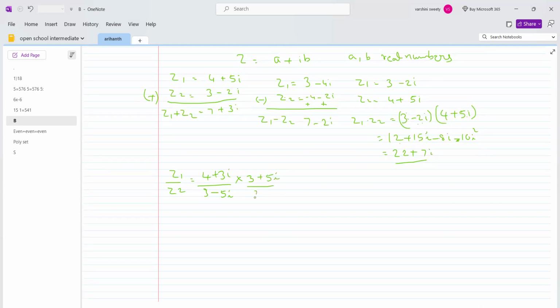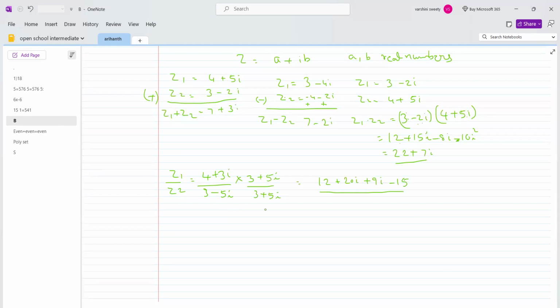Multiplying numerators, 4 into 3 is 12, 4 into 5i is 20i, 3i into 3 is 9i, 3i into 5i is minus 15, because 3i into 5i is 15i square, and i square is minus 1.